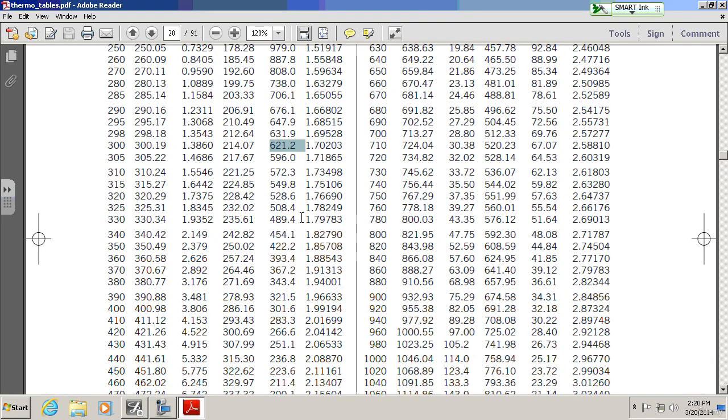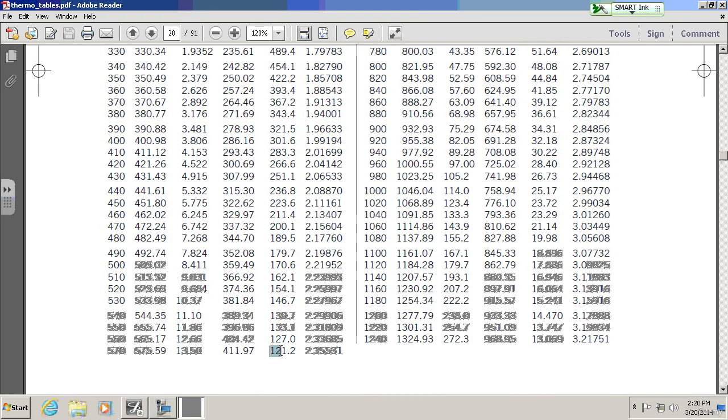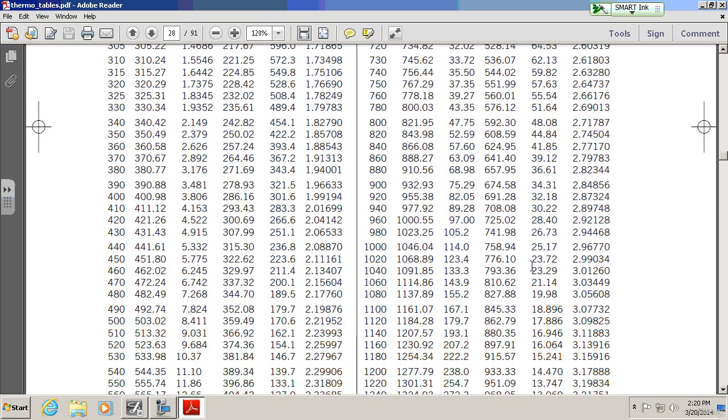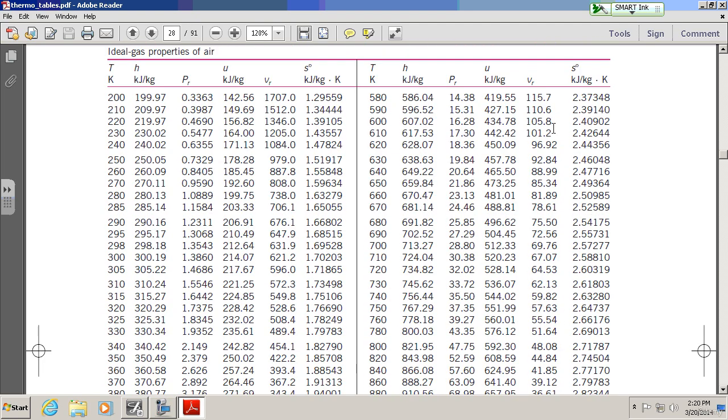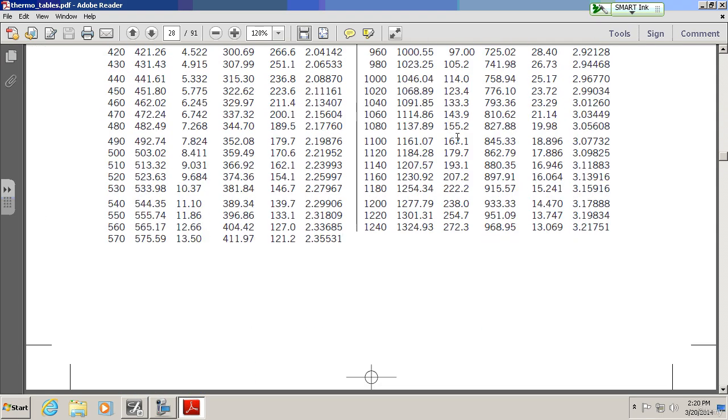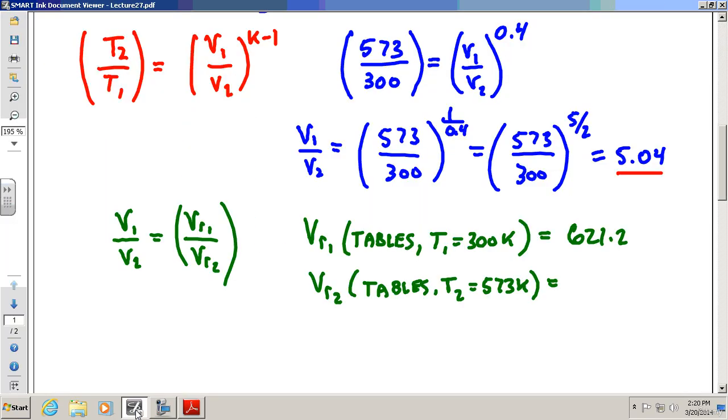If you look at 570, it corresponds to 121.2, and 580 corresponds to 115.7. So you really do have to interpolate. I will tell you, if you do interpolate, you get awfully darn close to 120.